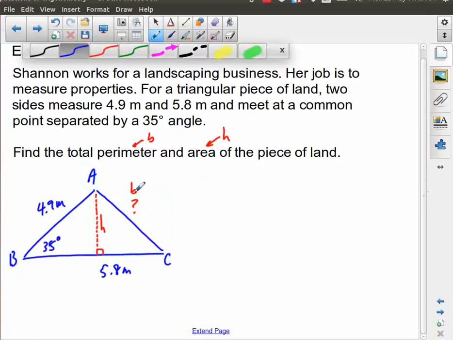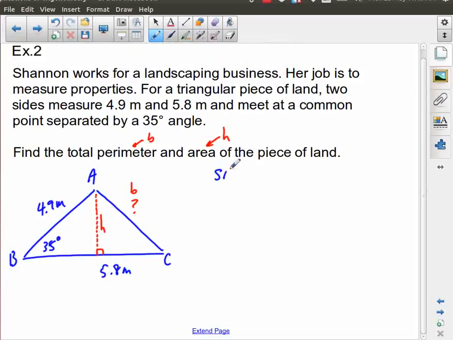Now to find this side B, I take a look and I have side angle side. So first of all, side angle side tells me I want to use the cosine law.